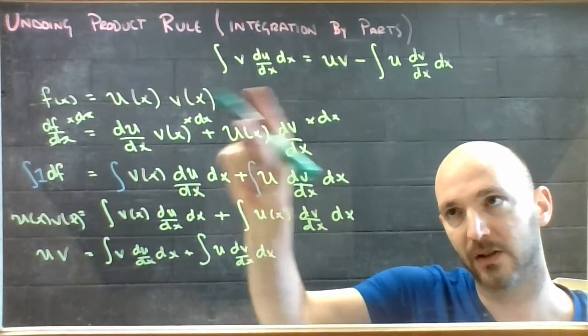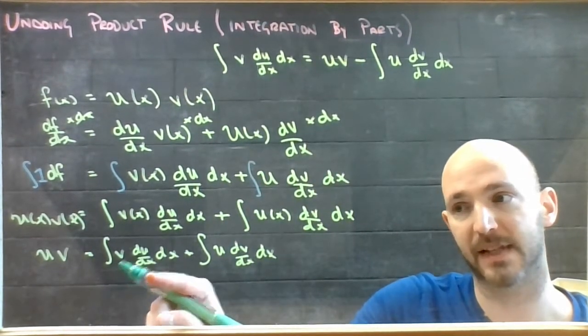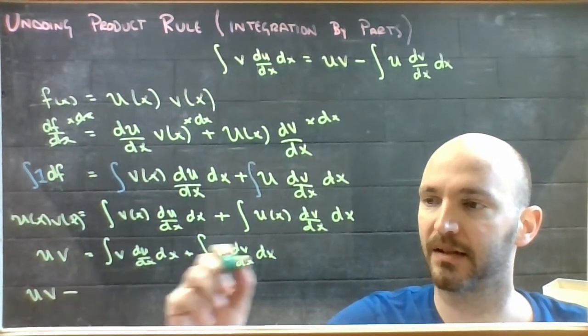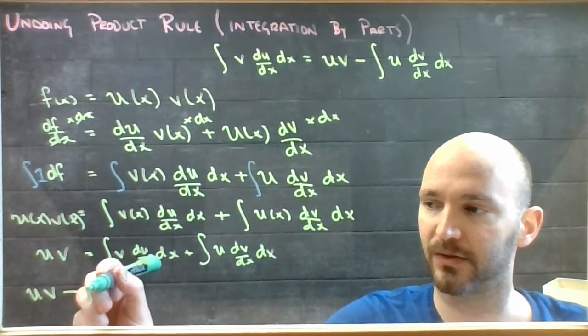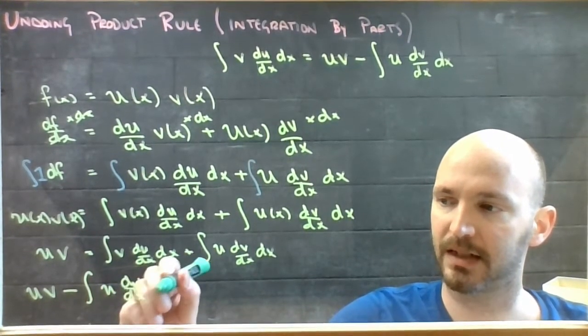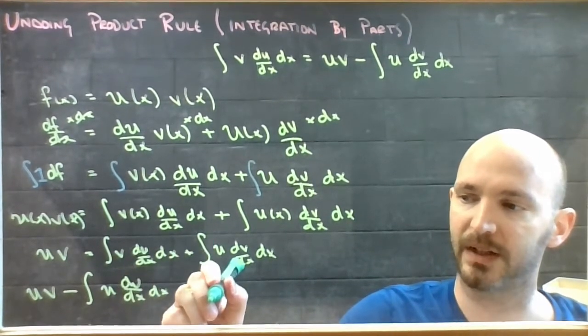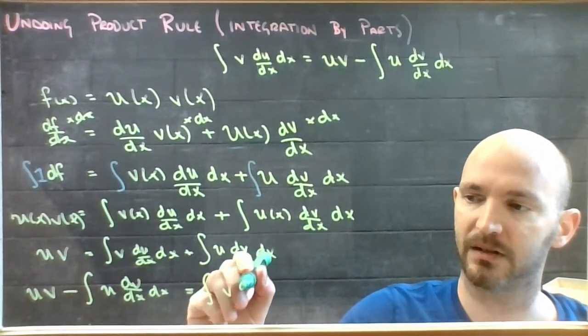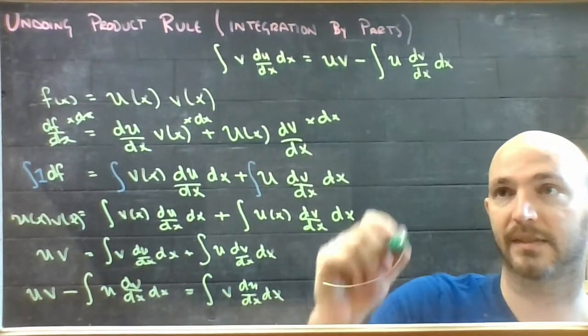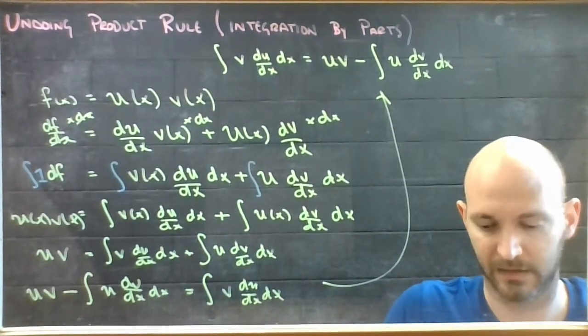And to try and make it look like this, I'm going to keep this one by itself, kick that one to the other side, so I have u times v subtract this integral u dv dx dx equals the integral of v du dx dx. And that's exactly what I have written up there.